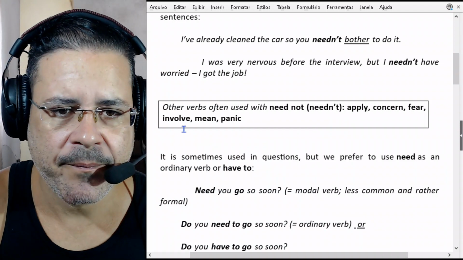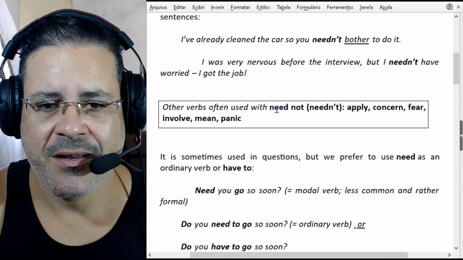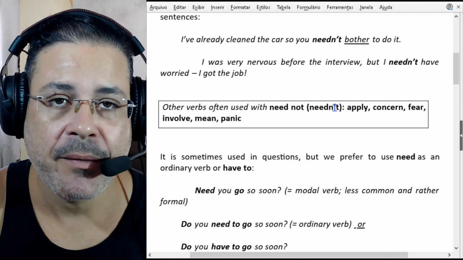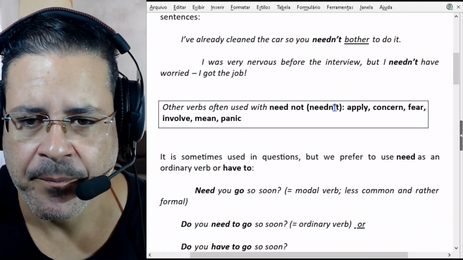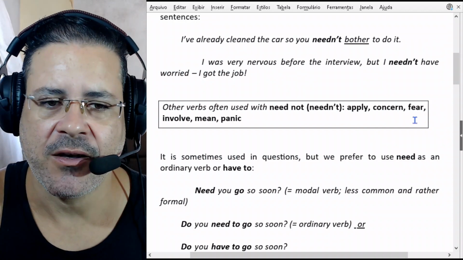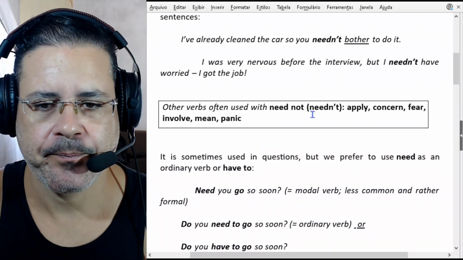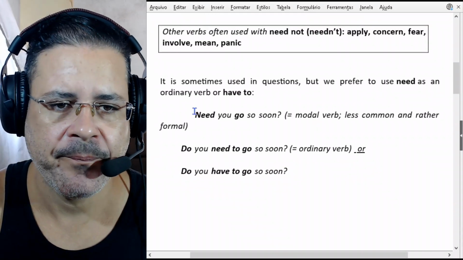Those are some other verbs often used with need not or needn't, the modal verb. For example, the verbs apply, concern, fear, involve, mean, and panic. Okay, moving on.